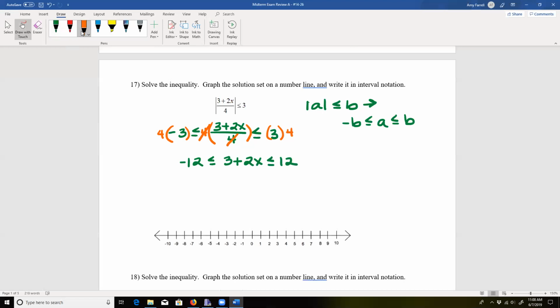And then I'm going to subtract 3 from all three parts. In the middle here, that's going to go away. So we have negative 15 is less than or equal to 2x, which is less than or equal to 9. And then divide by 2, all three parts.